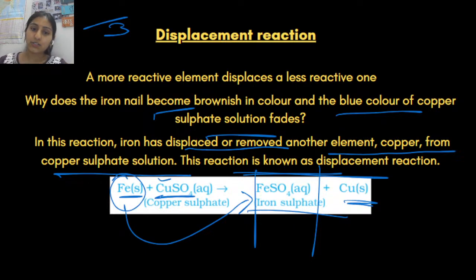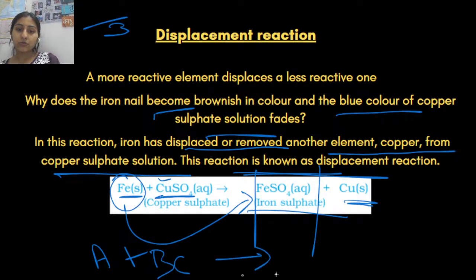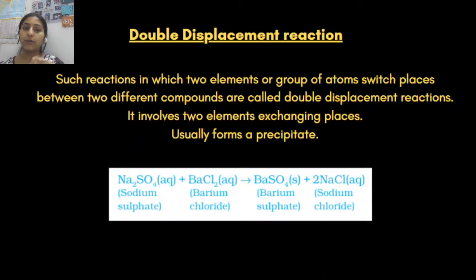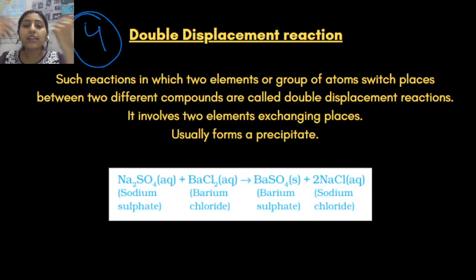Suppose we have A plus BC. It would result in the formation of AC plus B. This kind of reaction would be regarded as displacement reaction. Now another type of reactions are double displacement reactions. They are similar to displacement reactions but kind of extended ones.